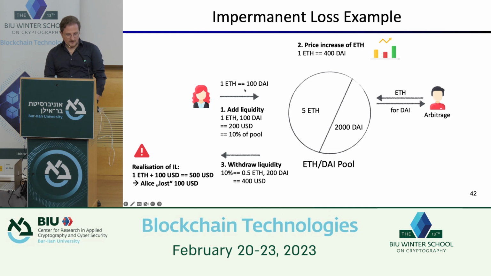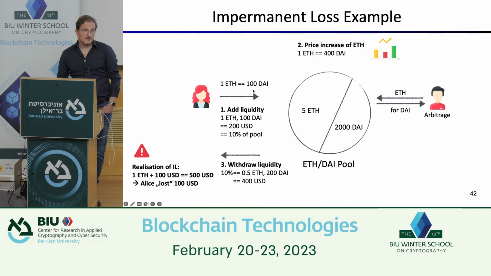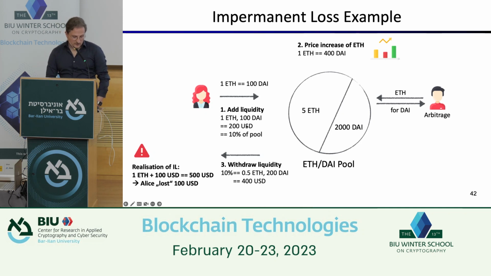So the ether value is assumed to be equivalent to 100 DAI here, and we assume 1 DAI is equivalent to $1, and afterwards we still assume the same, that 1 DAI is worth $1. So we have 200 DAI here, and we know that the exchange rate from ETH to DAI is now 1 to 400.